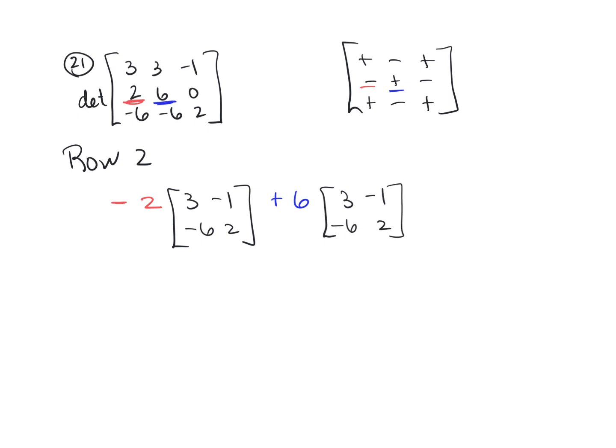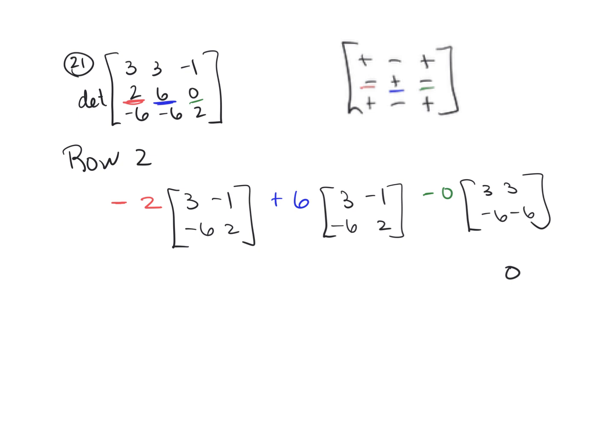Yes, okay. And then, last but not least, for my 0, just for grins, I'm going to put in my minus sign and my leftover matrix, 3, 3, negative 6, negative 6. Do we have to? Absolutely not, because we would be multiplying by 0, because this is going to be a 0 anyway. So we don't have to really worry about that.